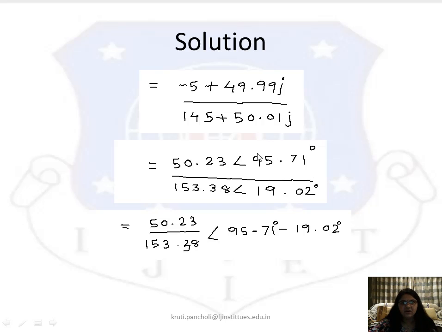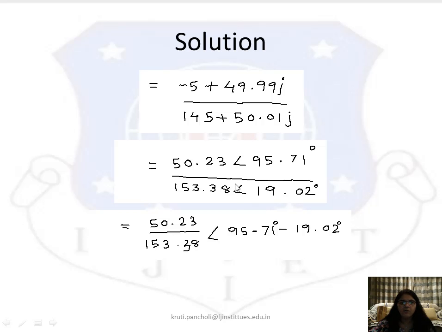On some calculators, by pressing shift and tan inverse, you may get this answer. On some calculators there is an alpha key, so pressing alpha tan inverse, you can have this answer. You know that the magnitude is the square root of a squared plus b squared, and the angle is tan inverse of b upon a. Similarly, we can find it for the denominator.